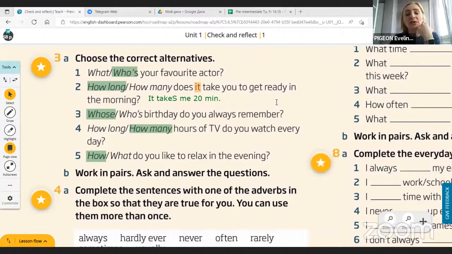How many hours of TV do you watch every day? From Monday to Friday, I don't watch TV because I don't have free time. But on the weekend, maybe it varies.